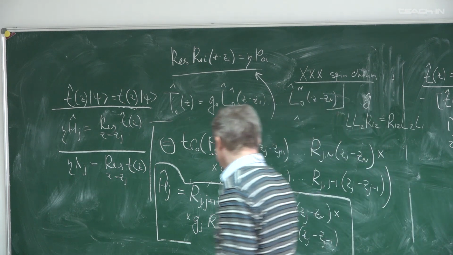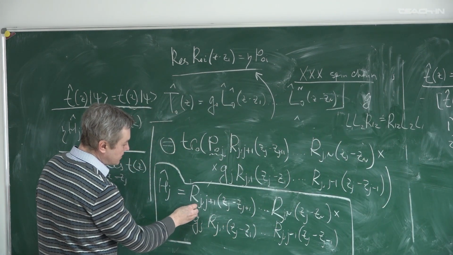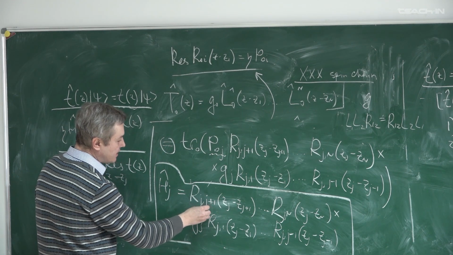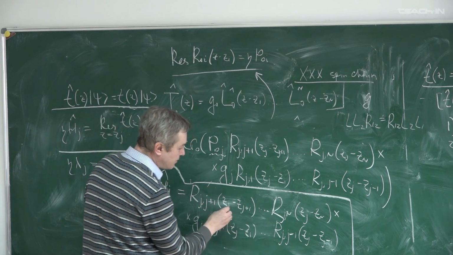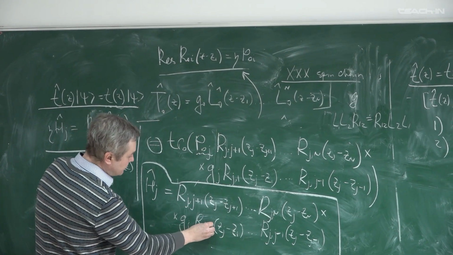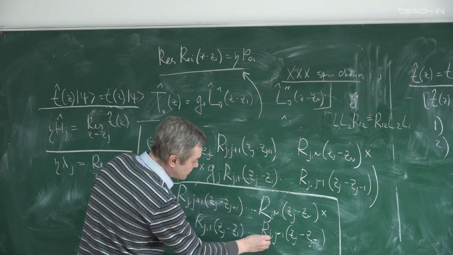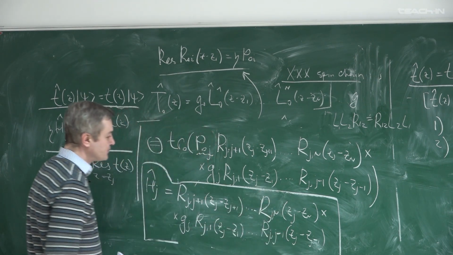Now the first indices are j and j plus 1, then up to jn, and then it begins with the beginning, j1 and up to j minus 1.